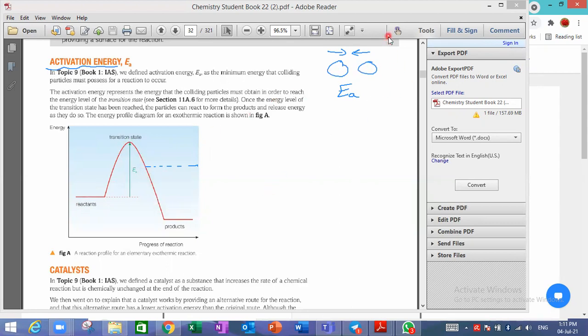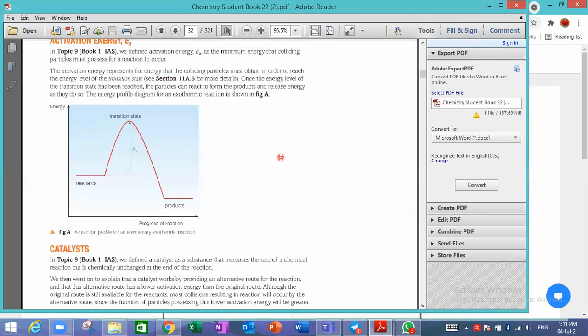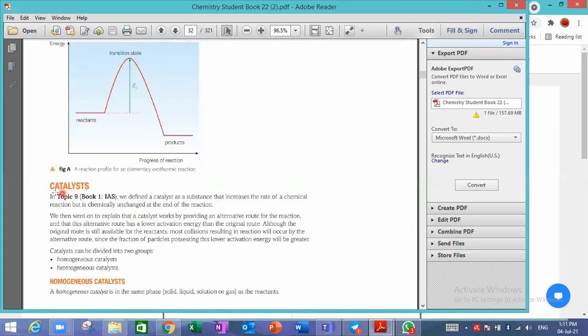Now, we talked in the AS course about catalysts, which are substances that are able to increase the rate of the reaction without themselves being used up. We took this in the O level and the AS, that catalysts are substances that increase the rate of a chemical reaction without themselves being consumed.